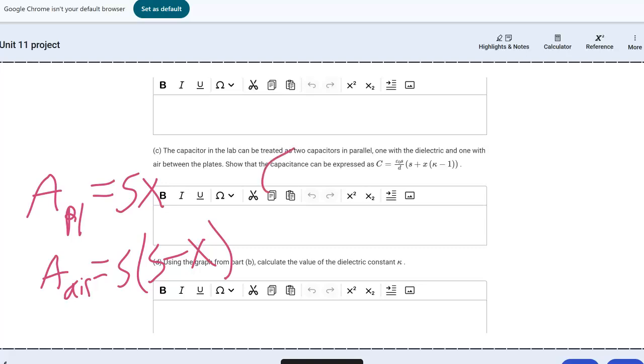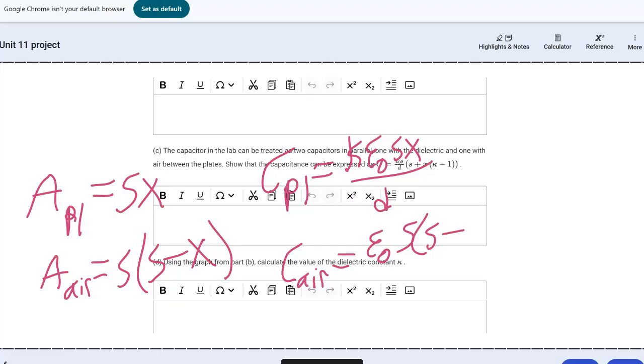So then our capacitance of the plastic, and C air is going to be, there's no dielectric there, but our area is different, that's going to be over D. And then our C total, since they're parallel, we're going to be able to add these.